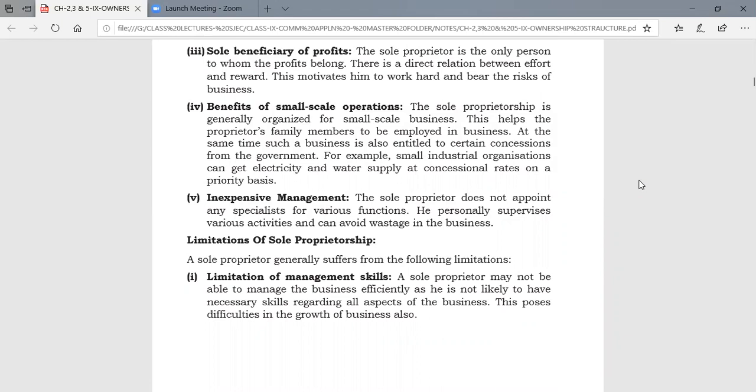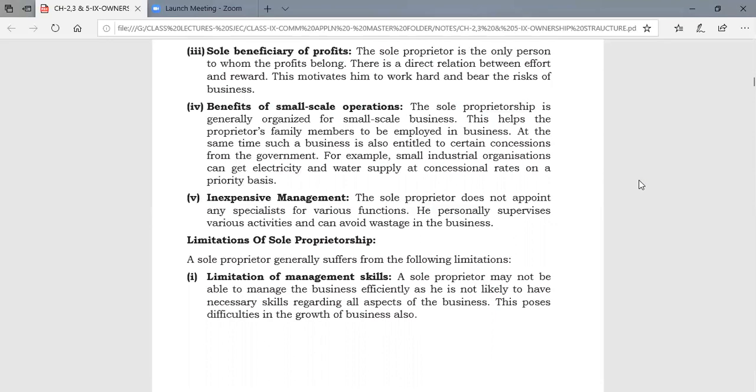For example, a small industrial organization can get electricity and water supply at concessional rates on a priority basis. This type of organization runs in a very small way, and sometimes for certain specific businesses they get concessions or government support.